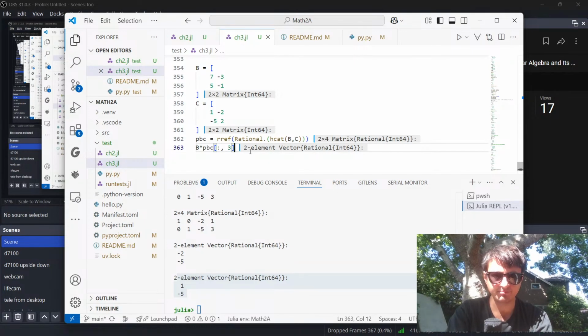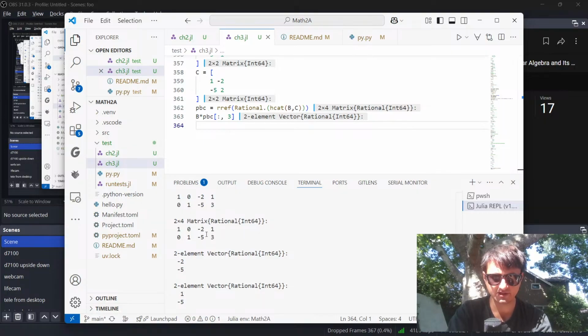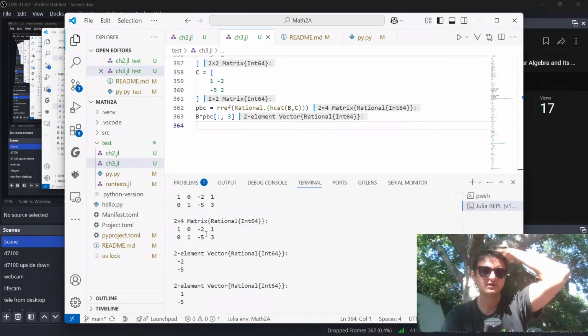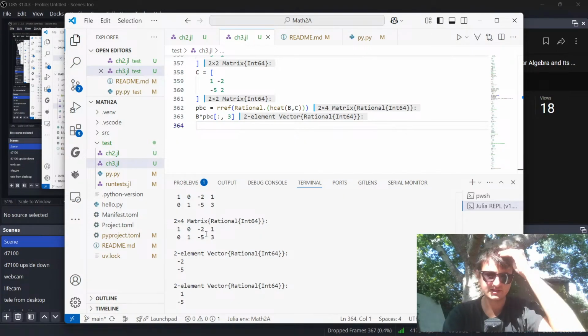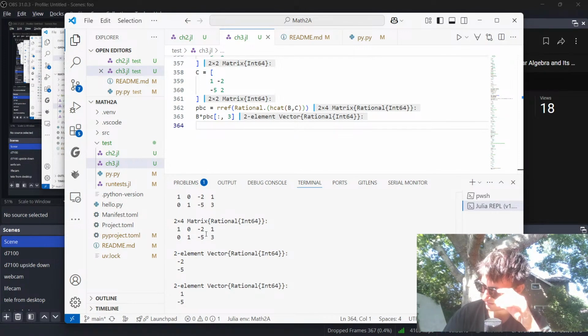PBC, this last 2 by 2 is definitely how you write... Wait a minute. Am I getting confused? This is how you write C1 in terms of B, right? This would be C1 in terms of B and C2 in terms of B. So wait, did I get it flipped?